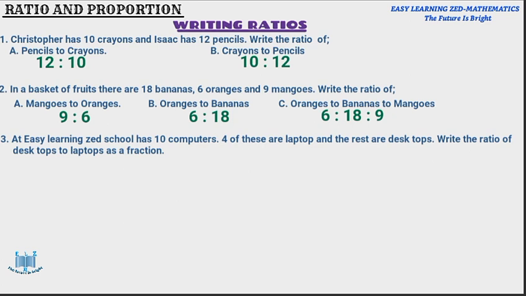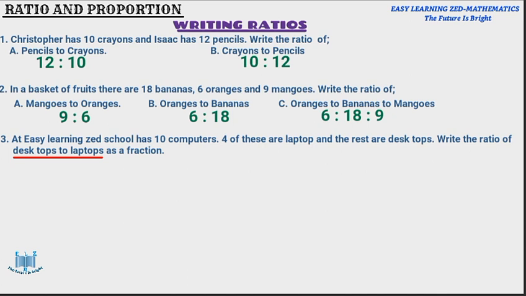Easy Learning Z school has 10 computers. 4 of these are laptops and the rest are desktops. Write the ratio of desktops to laptops as a fraction. So what we need to pay attention to is this statement.